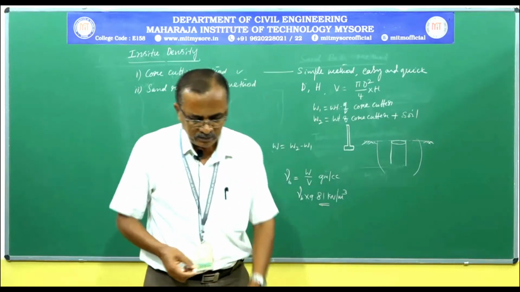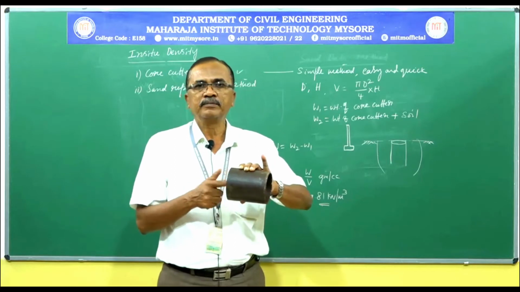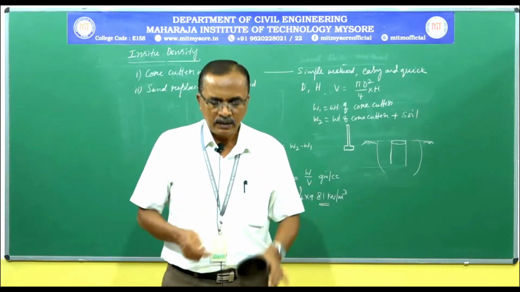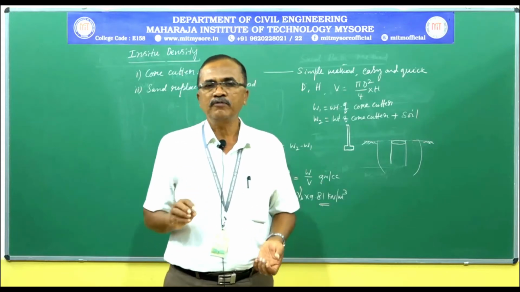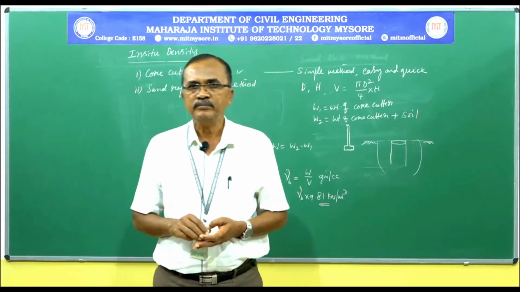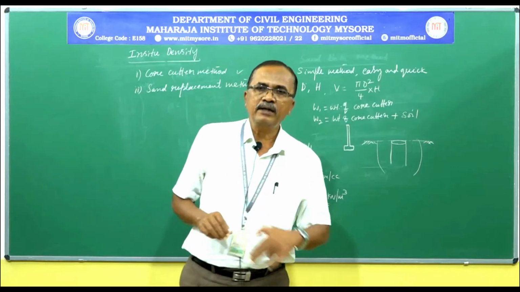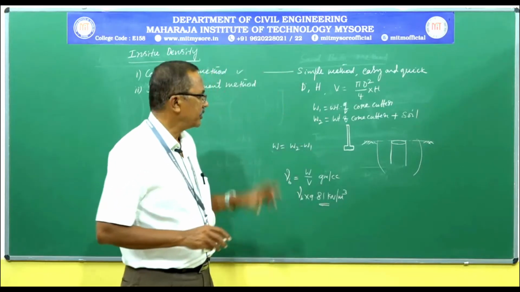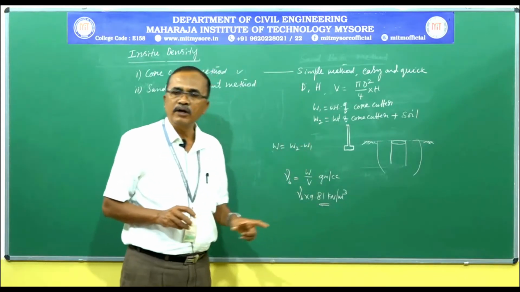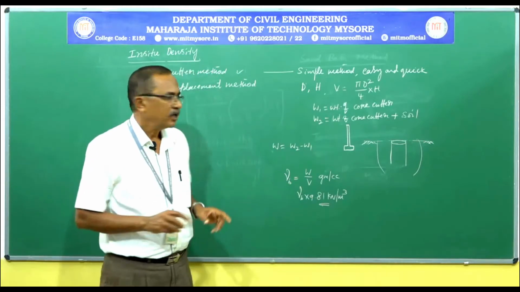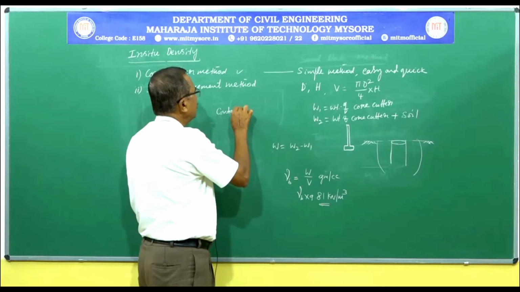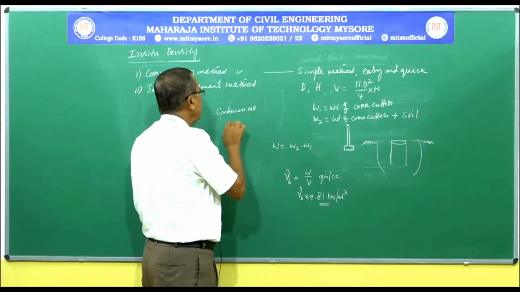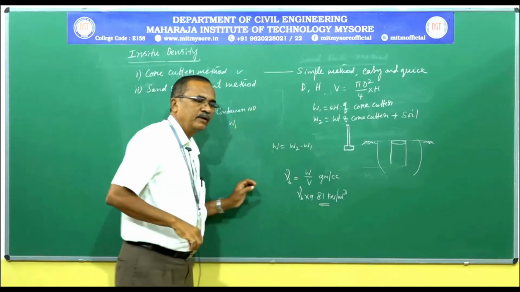When we reach the middle portion of the core cutter, take a sample of soil for water content determination. Before taking the soil sample, keep ready the water content container, noting down the container number, then the empty weight of the container, W1.